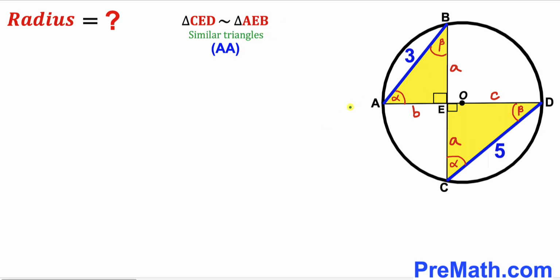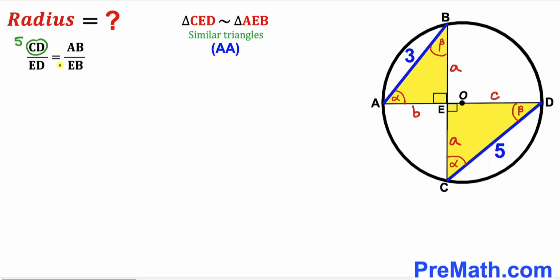So we are going to have proportions. If we focus on this right triangle and this angle alpha, and likewise this right triangle and this alpha once again, then we have the ratio of these two side lengths CD and ED equal to the ratio of the side lengths AB and EB. Our side CD is 5 units, so I'm going to replace that with 5.